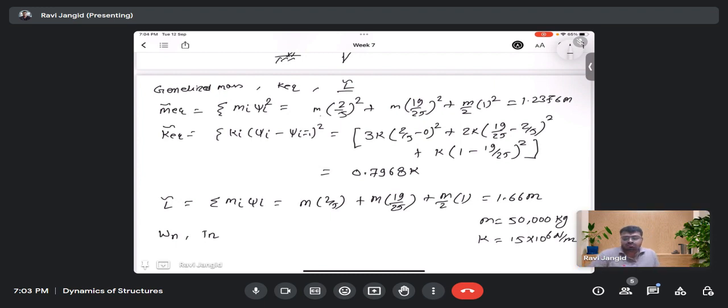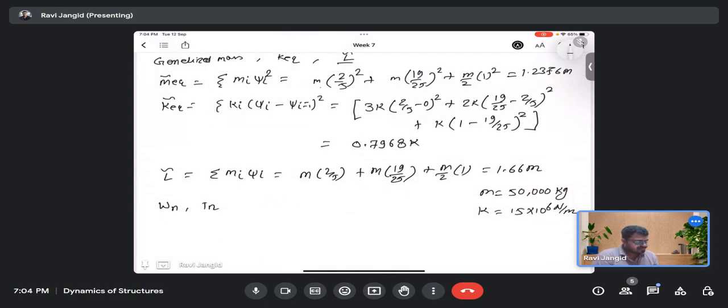Omega n is 9.479. It is wrong. So omega n is the square root of K by m. So how much K is it? 0.7968 into 15 into 10 raised to power 6, and how much m?